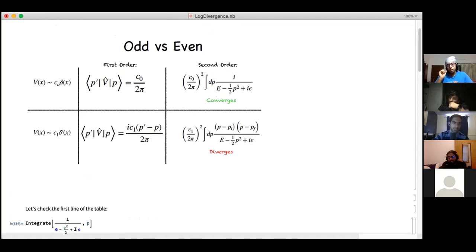It's just a term in the expansion. The expansion goes like: line, no vertices, plus line, one vertex, plus line, two vertices, and there's going to be three. But you see, two vertices is already a problem. Two vertices with an internal line, that's what's diverging in quantum mechanics. And that's what we're dealing with here.